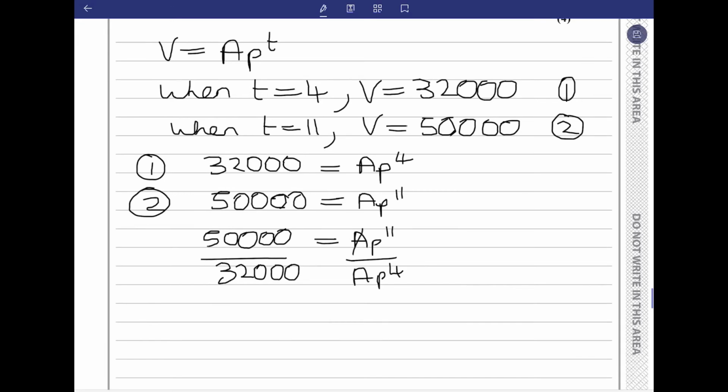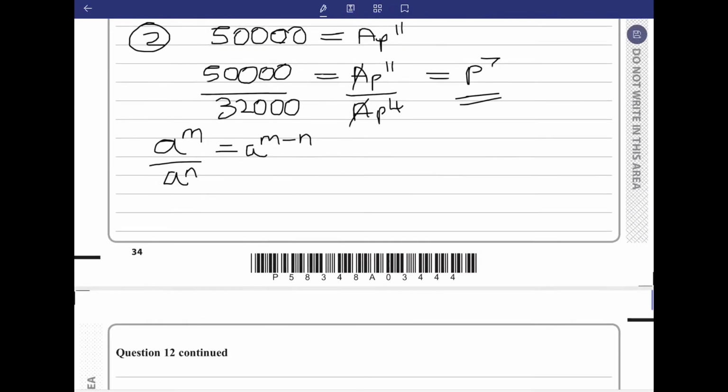The A's are going to cancel, and we have the standard indices rule here. So this gives us P to the 7. Now all we have to do is take the 7th root of this as follows.